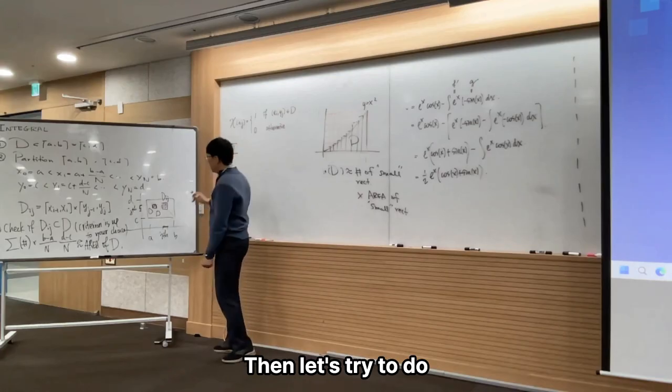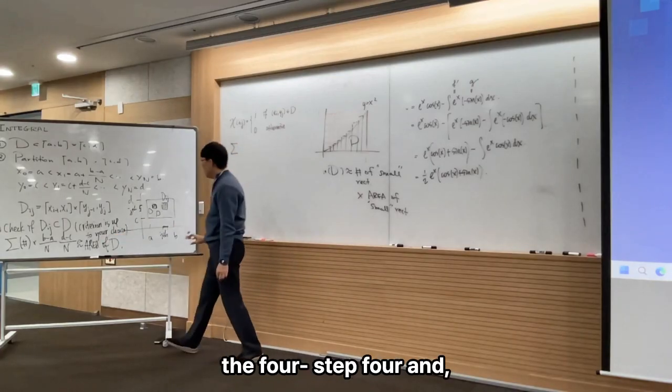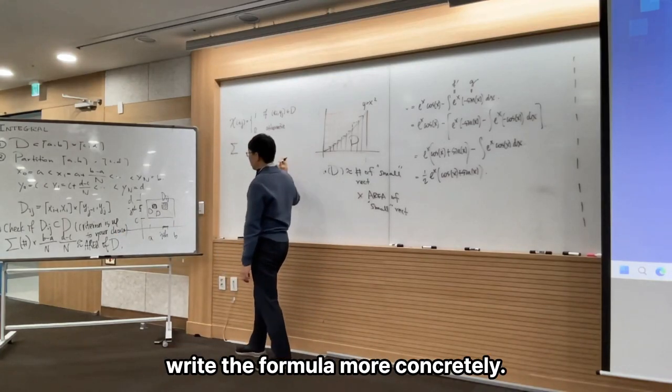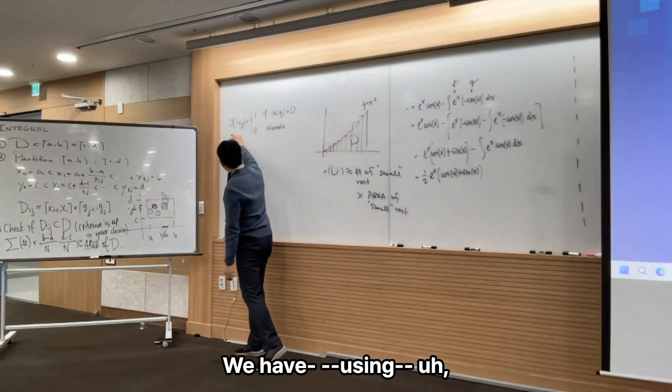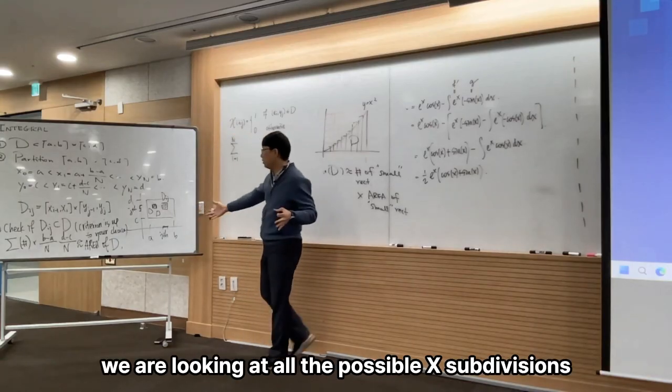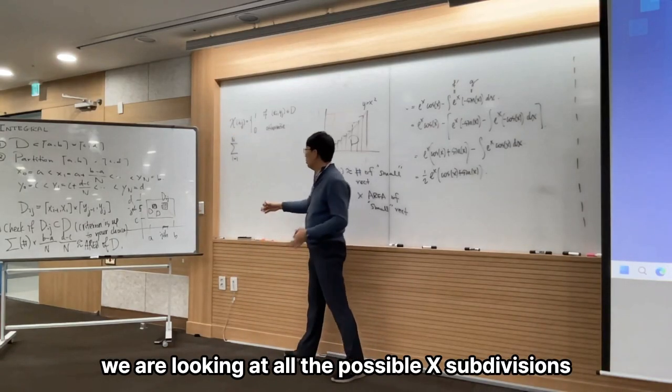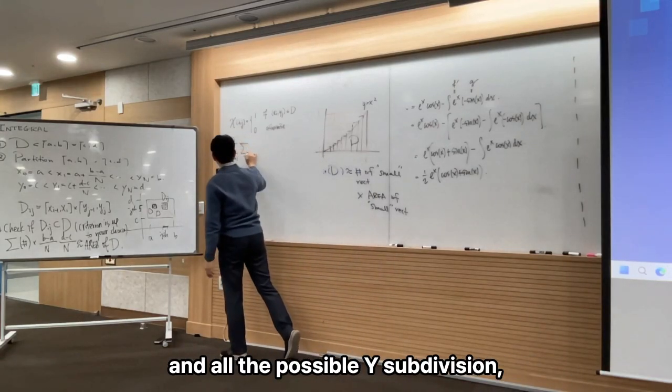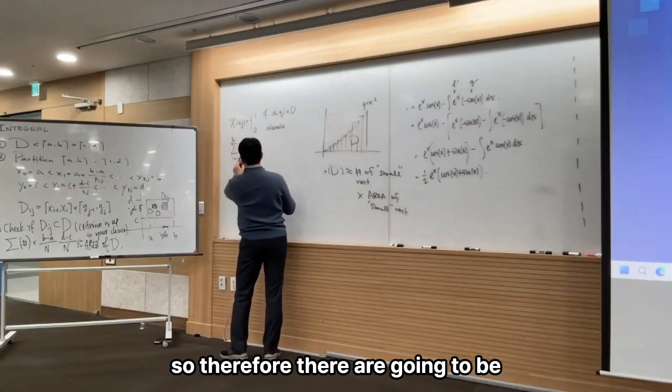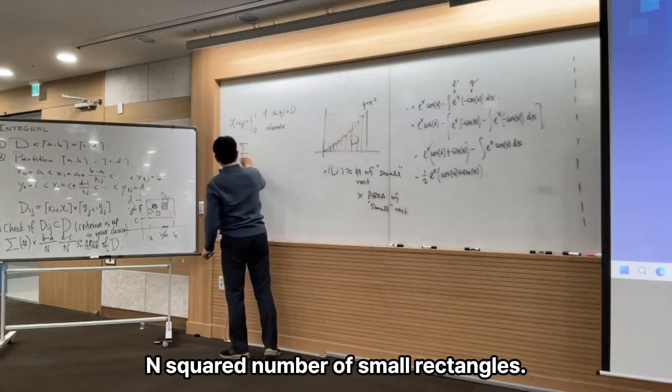Then let's try to do step 4 and write the formula more concretely. We are looking at all the possible x subdivisions and all the possible y subdivisions. Therefore, there are going to be n squared small rectangles.